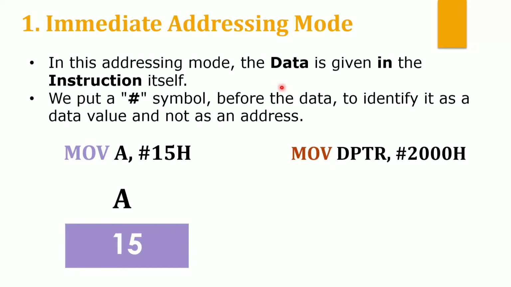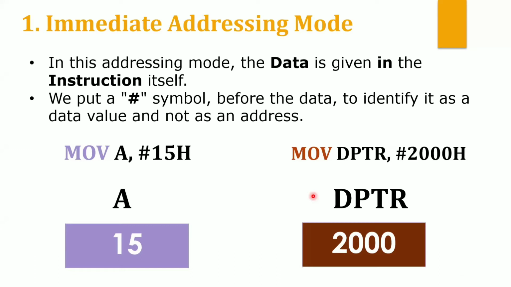That means we will use this instruction MOV DPTR, #2000h. This instruction we will use frequently during this topic. Please pay attention. After executing this instruction, what will be the value of the DPTR? 2000h, right?